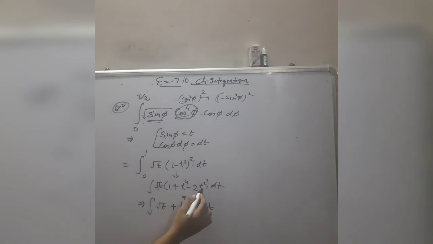Minus 2 into t raised to power 2 plus half becomes t raised to power 5 by 2. Then integrate; this function you can very easily integrate. I will not integrate it, you will do it yourself, and in the last step you will put upper limit minus lower limit. So this is question number 2.